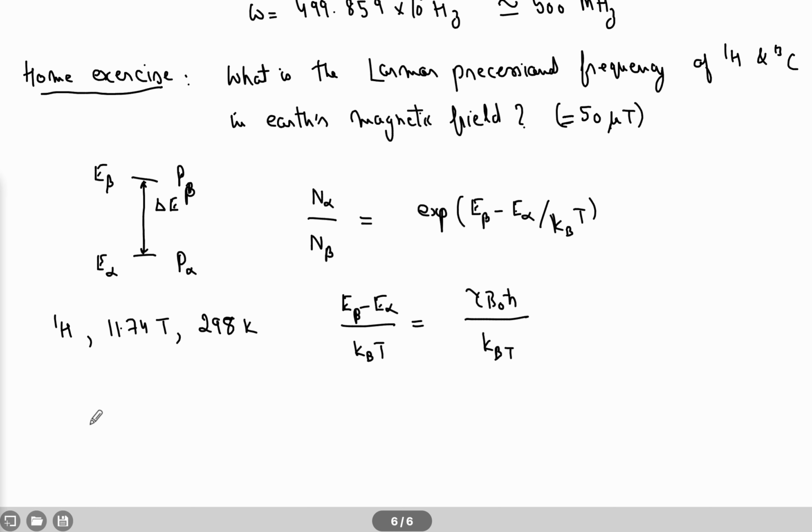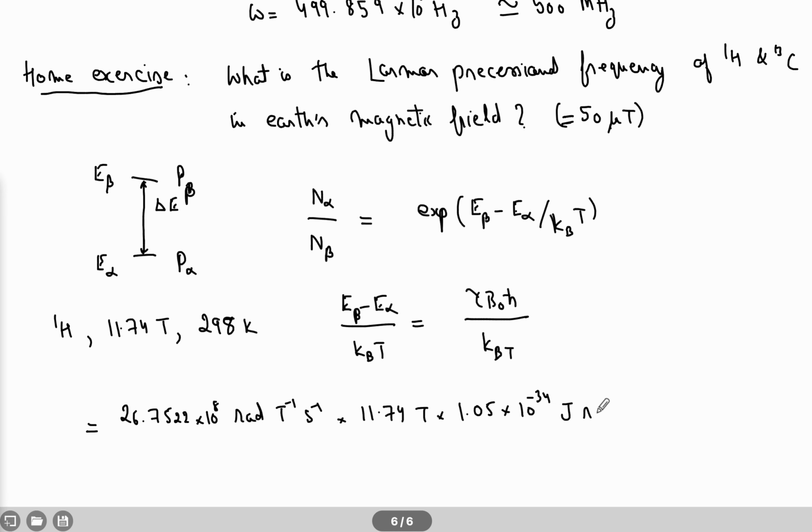Now it's a long expression, but these are all constants, so you know the values. Gamma is 26.7522 times 10 to the power 8 radians per Tesla per second. B0 is 11.74 Tesla. H cross is 1.05 times 10 to the power minus 34.